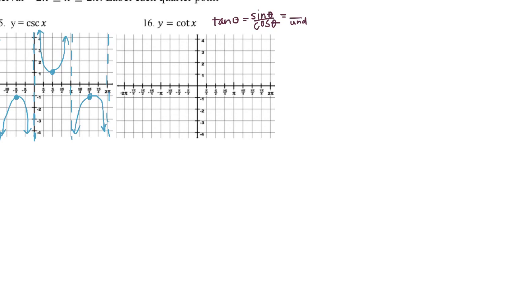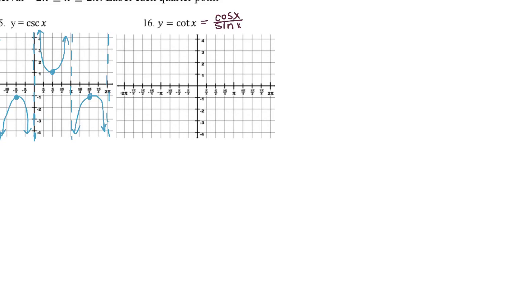Well, if we start doing the reciprocals for cotangent, let's go back and think about it. If it's the reciprocal, then we can flip that over. Instead of thinking about this as sine over cosine, we can think about it as cosine of x over sine of x.